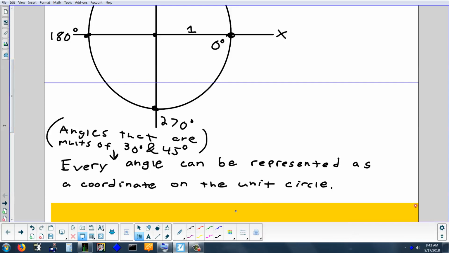That's what I mean when I say every angle. So if you're thinking, well, why can't you do it for an angle of like 10 degrees or 20 degrees? Well, you can, but the coordinates start to get kind of messy, and these are more common. Angles like 45, 90, 30, 60, 120. Those come up more, and that's why we only use those.